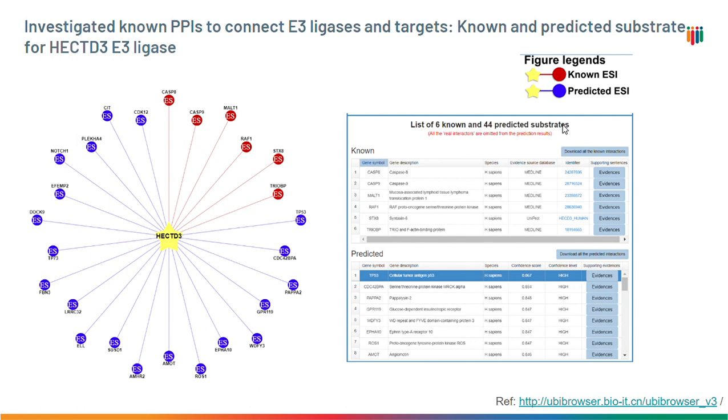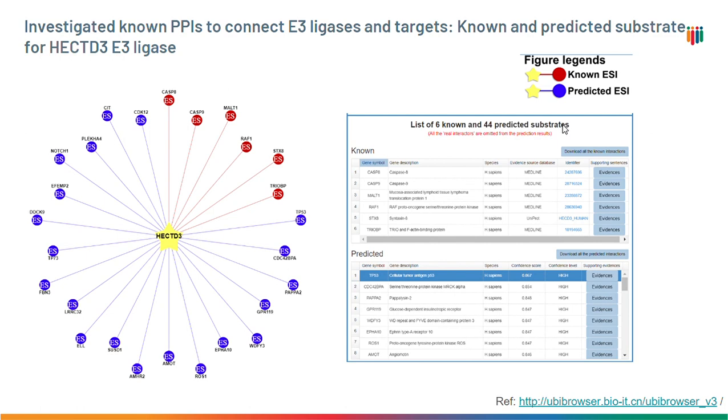On the left-hand side, you can see the E3 ligase HACD3. The ones in red color, all 6 substrates, are the known substrates for the E3 ligase, and we have a couple of predicted substrates that were predicted based on some literature.